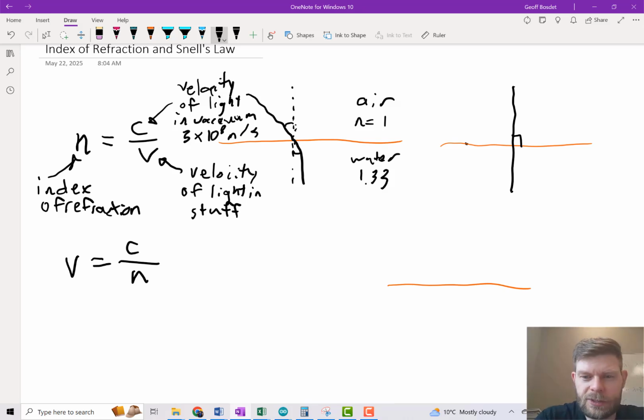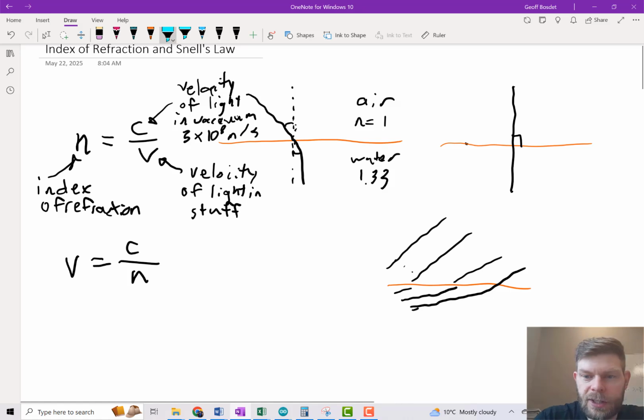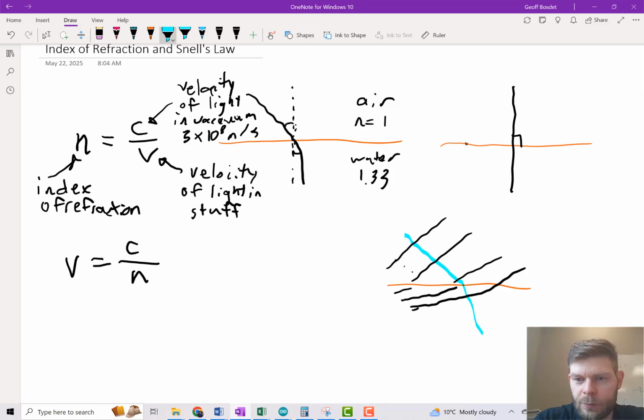They're both just different ways of looking at it to make it make sense to you. So this would be the same idea: this is the same beam being refracted, just looking at it as wavefronts.